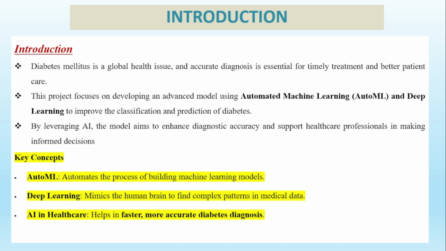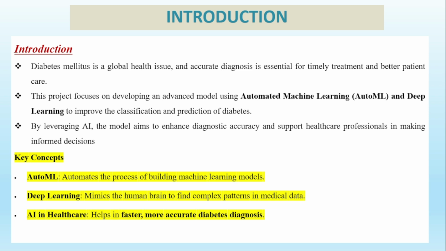This research and this project mainly focuses on developing an advanced model using automated machine learning, AutoML, and deep learning to improve the classification and prediction of diabetes. By leveraging AI, the model aims to enhance diagnostic accuracy and support healthcare professionals in making informed decisions.